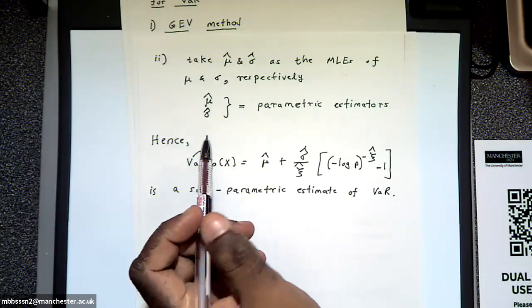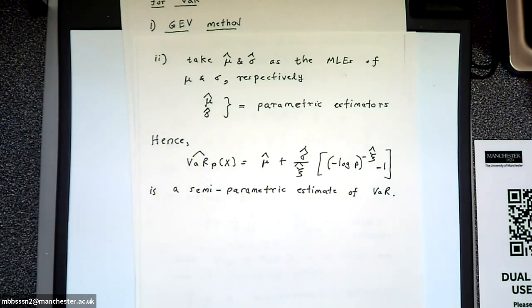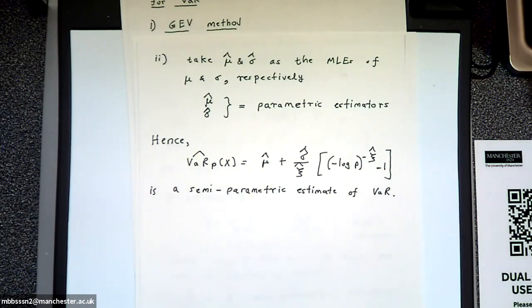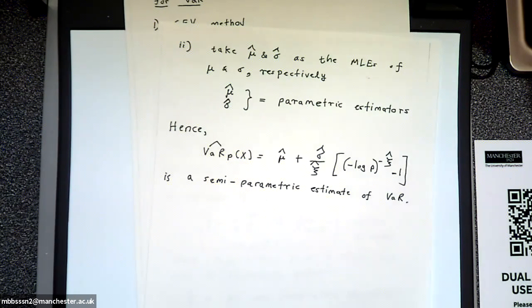So two of the 3 parameters are estimated parametrically, and one is estimated non-parametrically. Hence, this is a semi-parametric estimator for VAR, known as the GEV method. Now, the second of the 2 methods.